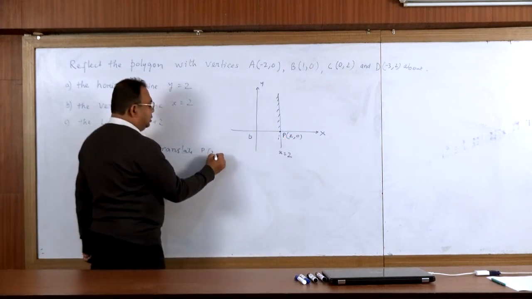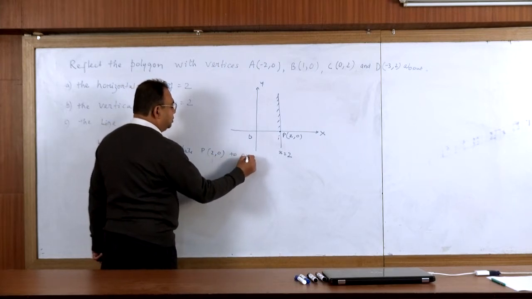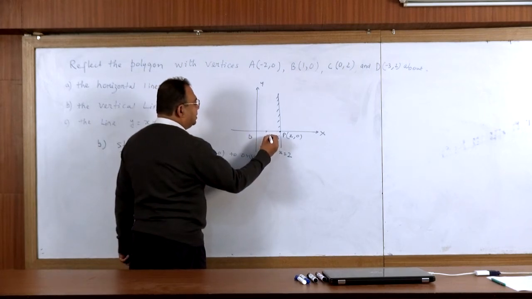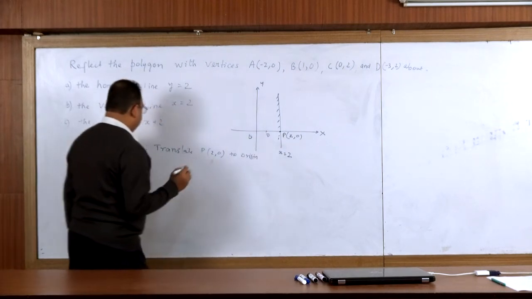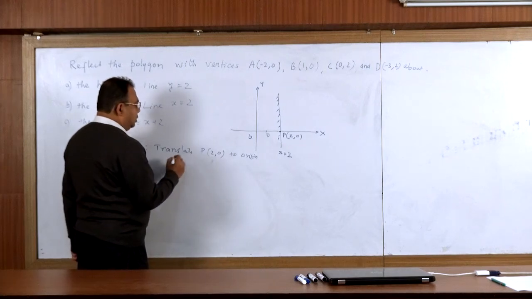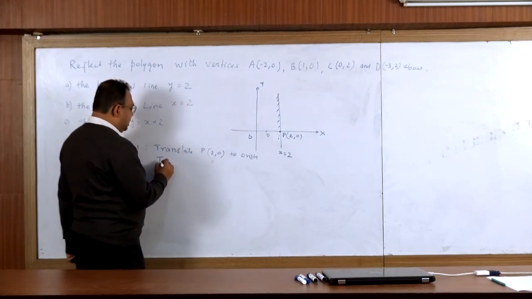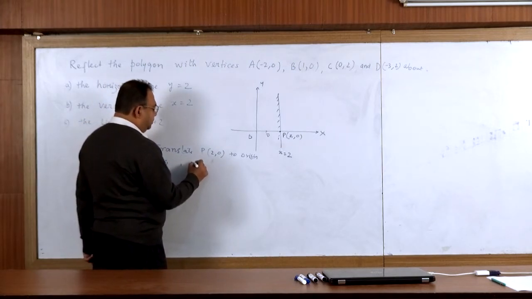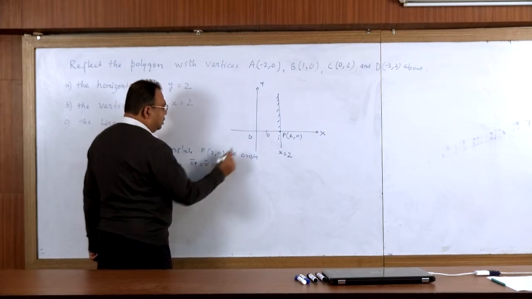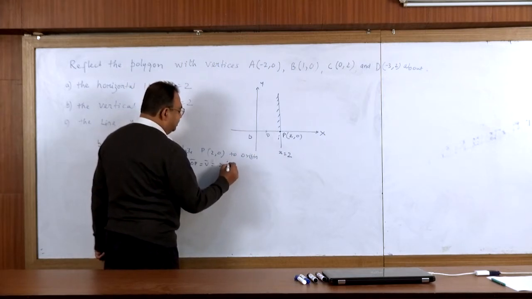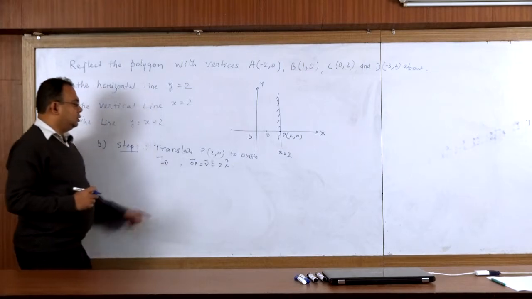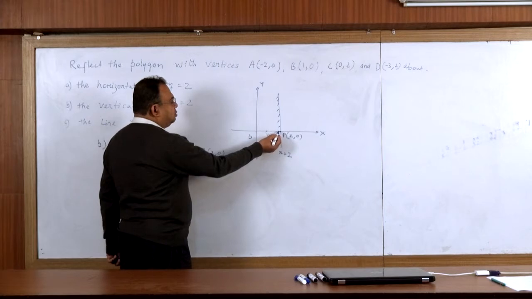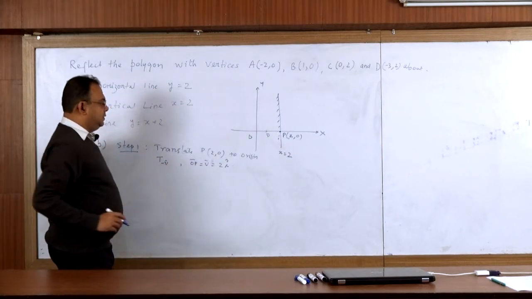So, translate P (2, 0) to the origin. If I consider this vector V, that is OP is V, we are calling this translation T minus V, because OP is V, which is nothing but 2i. This is the direction of V and we are giving translation opposite to the direction of V. That is why T minus V.